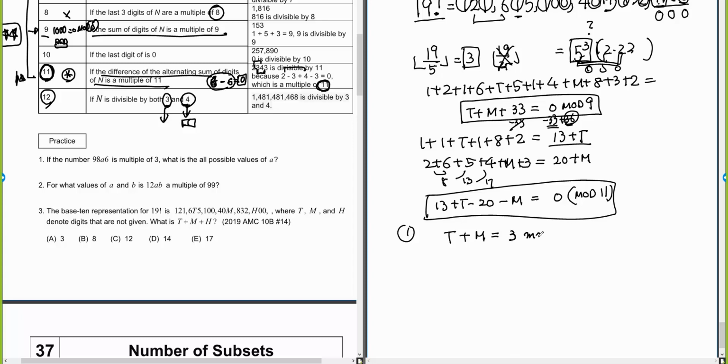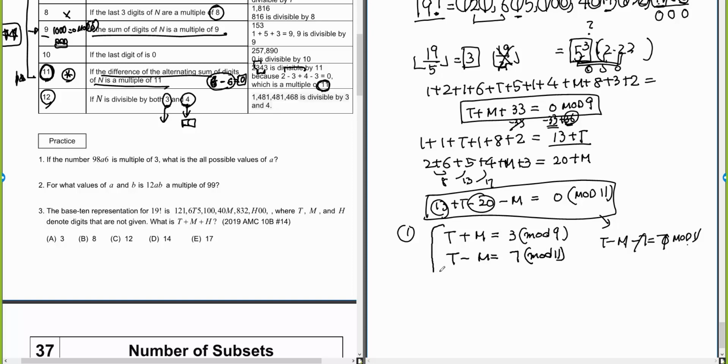When you divide by 9, remainder is 3. Now t minus m over here. From here, t minus m, and 13 minus 20 is negative 7, right? That equals 0 mod 11. But plus 7 is 7 mod 11. So t minus m equals 7 mod 11.